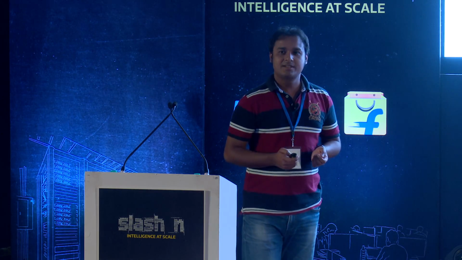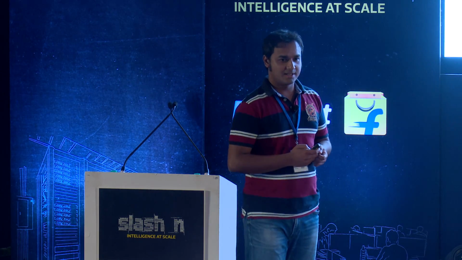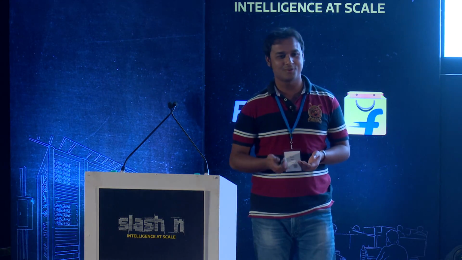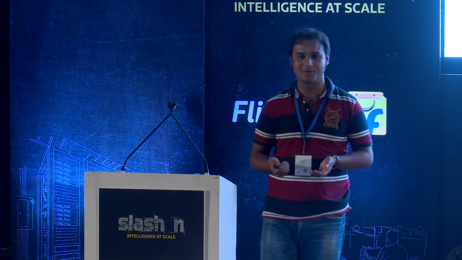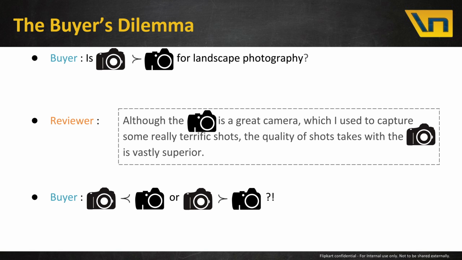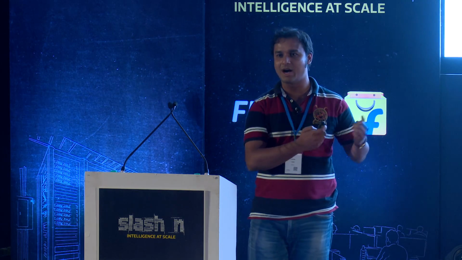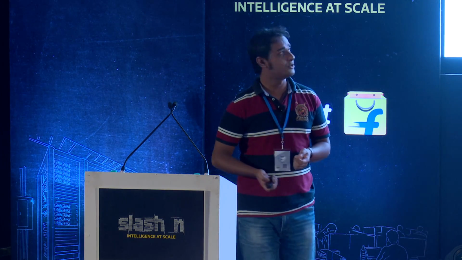This is the gap that we wanted to address. E-commerce is a lonely place. When you are confused, you don't have anyone to talk to. So we thought that we would build a decision support system for when someone faces this buyer's dilemma of which one to choose.